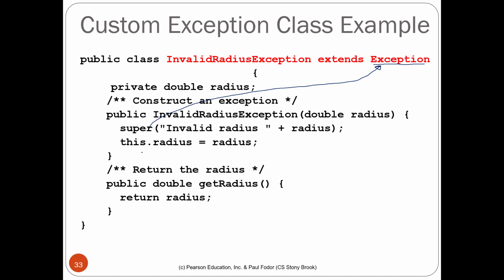Then if you want, you can declare one data member for this exception class also as radius, and set the radius as the new value. If you don't have it, you don't need to keep that. Then there is a getter method if you want to use it, but it may not be needed the way I did in my demo.